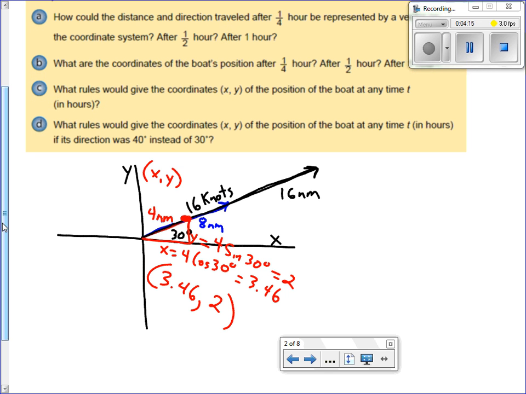If I know the distance traveled, for example, 16, then this is 16 cosine 30 degrees, comma 16 sine 30 degrees. This would be 8 cosine 30 degrees, 8 sine 30 degrees.